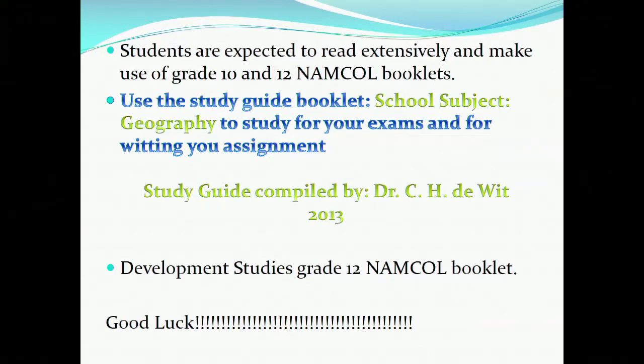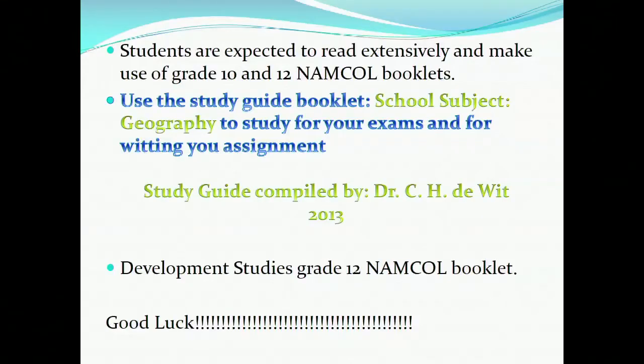Your study guide is the one compiled by Dr. Witt in 2013. And your development study one is just those NANCOL booklets, which could be question and answer, or a booklet that you just have to study in detail.